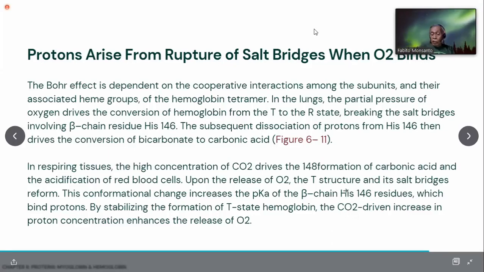High carbon dioxide tension and high protons will increase the release of oxygen in the tissues. Okay?